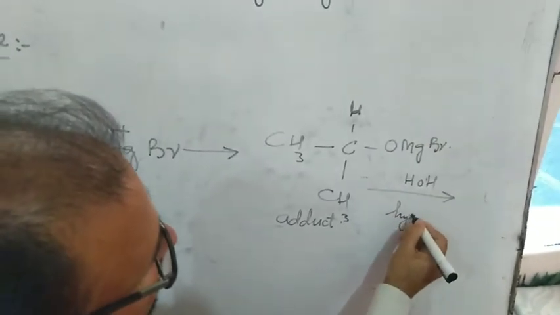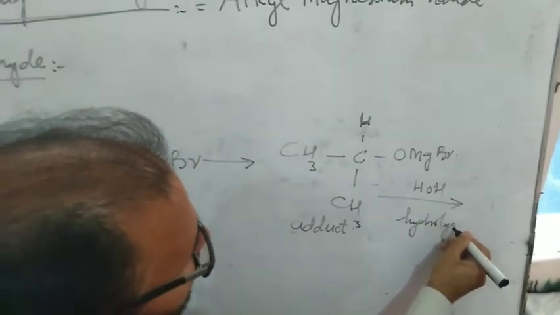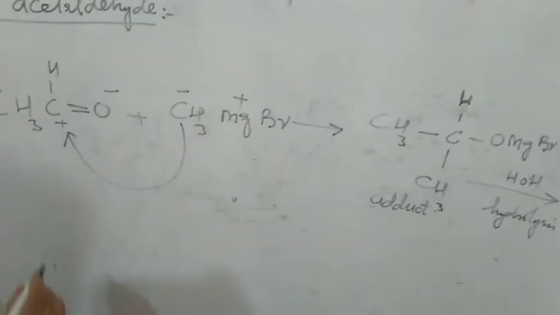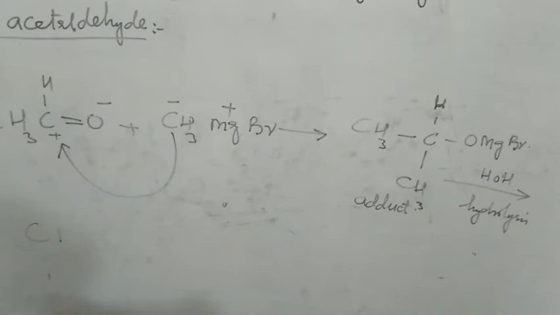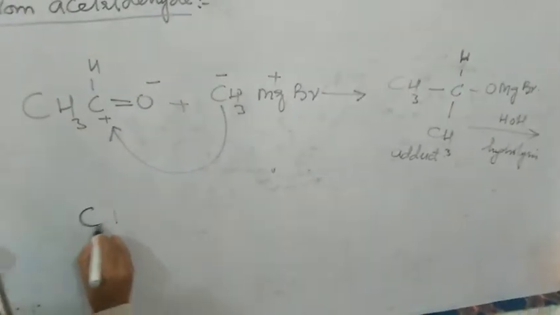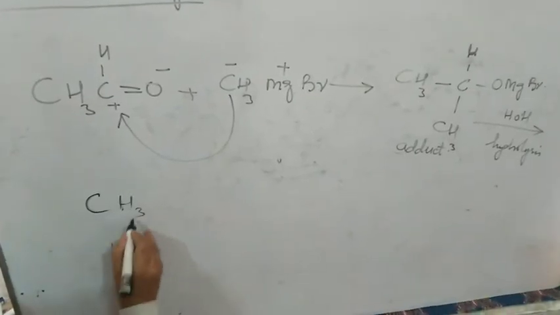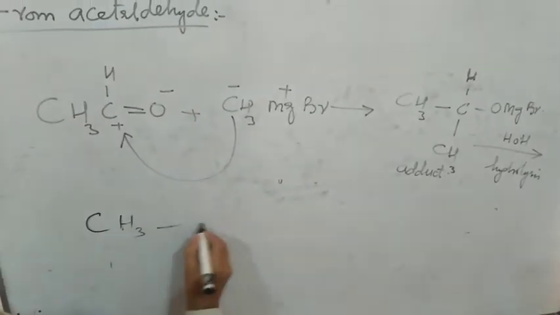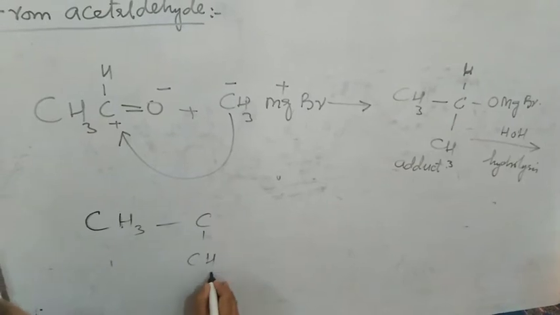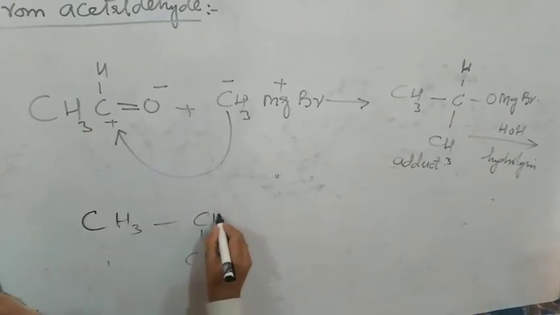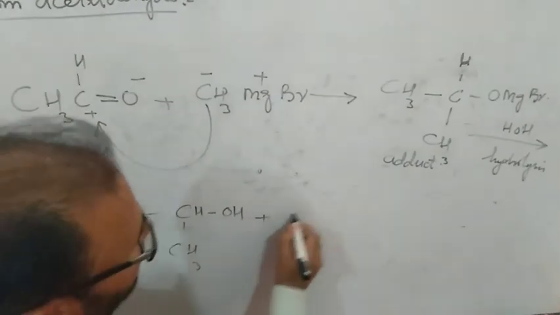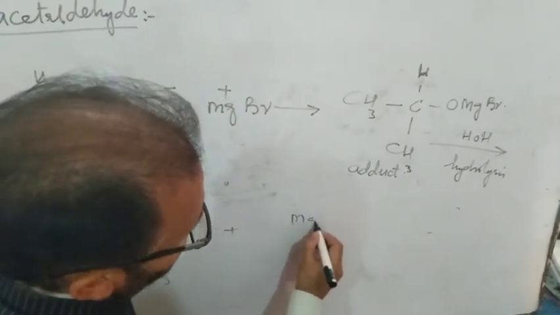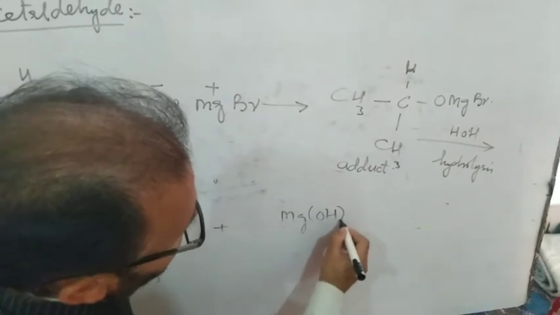Upon hydrolysis with HOH, it will give CH3, here C, it is CH3 and H and OH, isopropyl alcohol, plus Mg OH and Br.